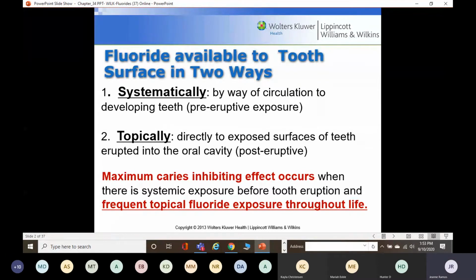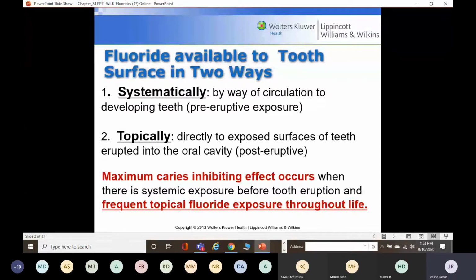Hold on, I think I need to correct that. I think that should be after tooth eruption. It's after tooth eruption and frequent topical fluoride exposure throughout life. You get your maximum caries inhibiting effect.